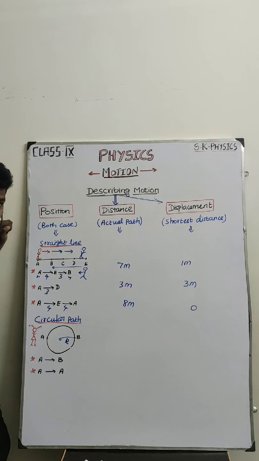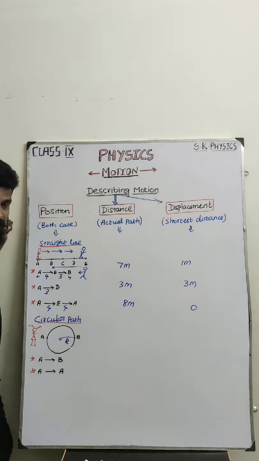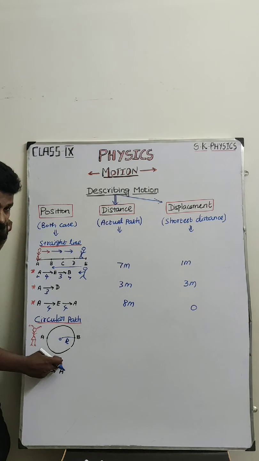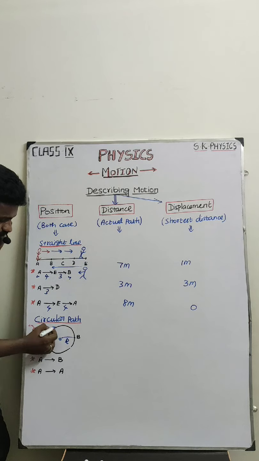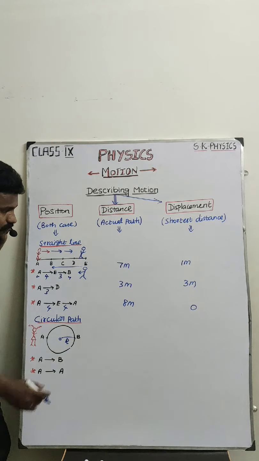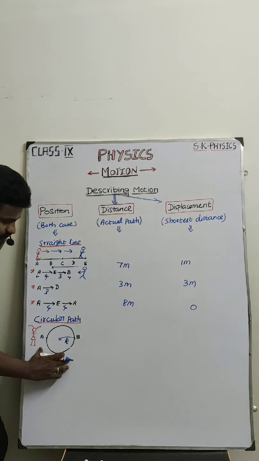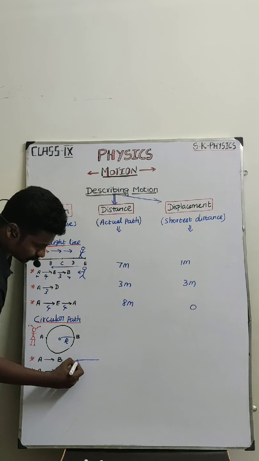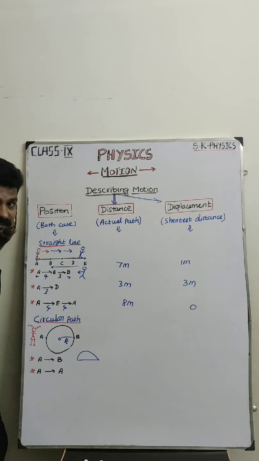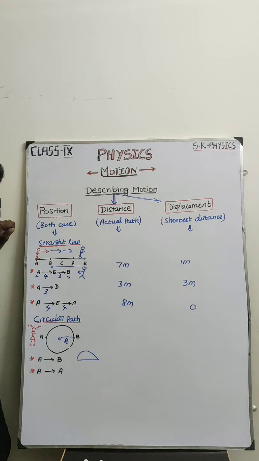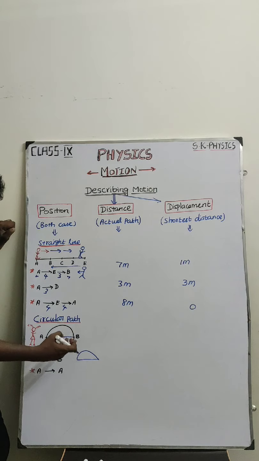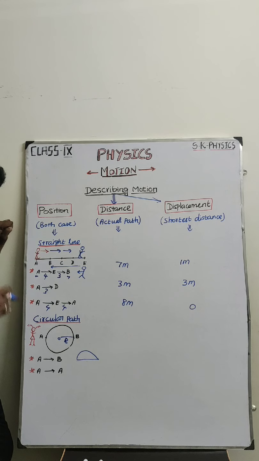Now a different situation: she is moving from A to B. She starts here and ends at B. In this first situation, she covers only half the distance, like a half circle, half the circumference of the circle.